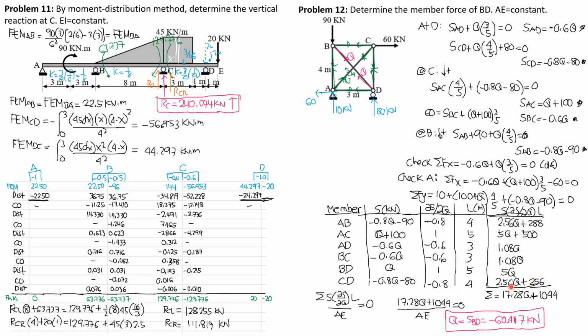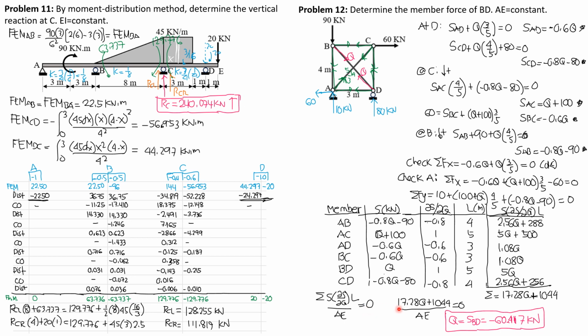So adding this column here, it is 17.28 Q plus 1044. Then the summation of S times the partial derivative of S with respect to Q over AE is the relative displacement of BD, which is 0 because it is an internal force. Remember, the work done by an internal force is 0.